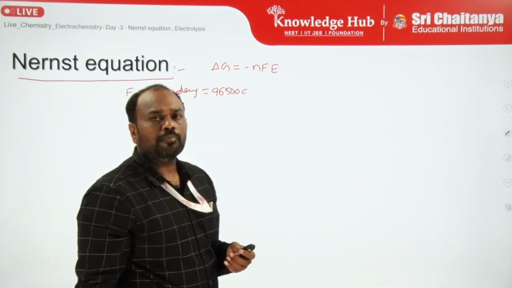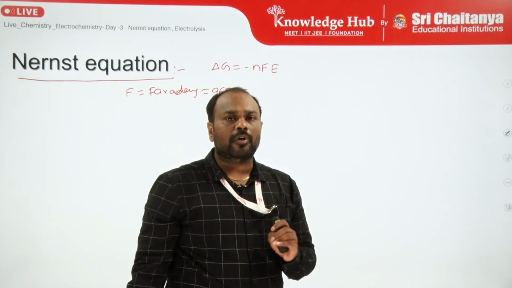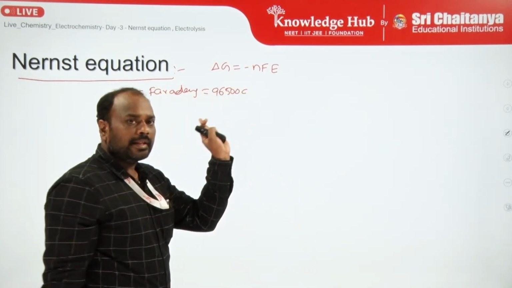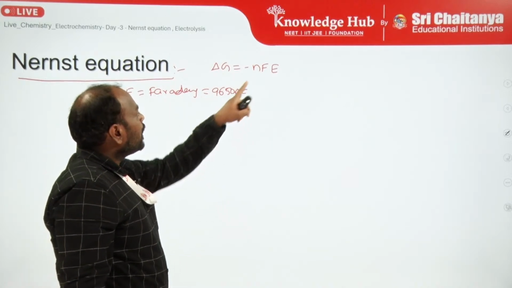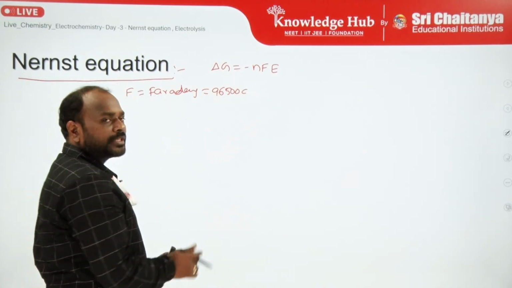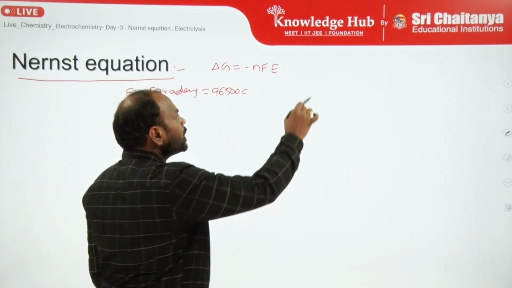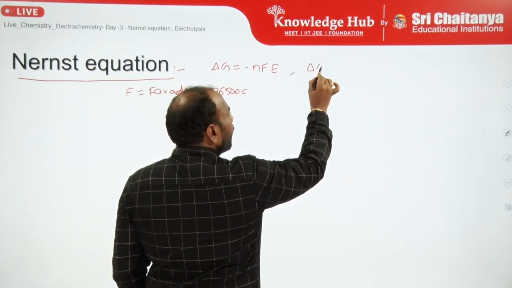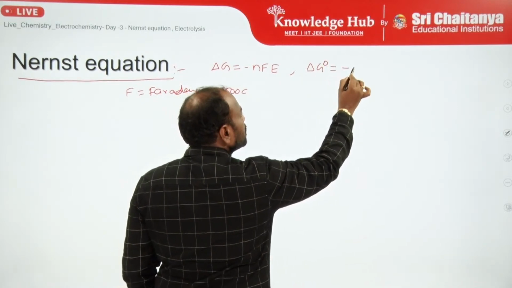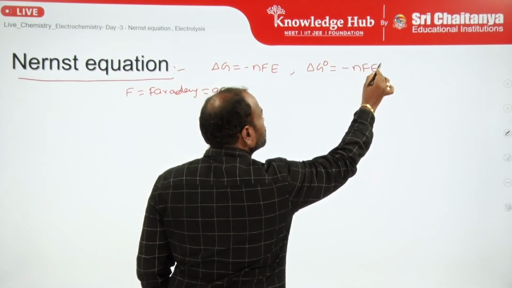That is, the charge of 1 mole of electrons is known as 1 Faraday. Based on that we get this value. Now E is the electrode potential of the cell, N is the number of electrons involved in the reaction. Similarly, standard Gibbs free energy is equal to minus NF E naught.